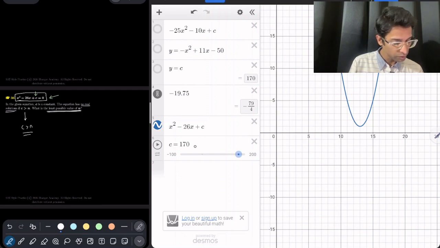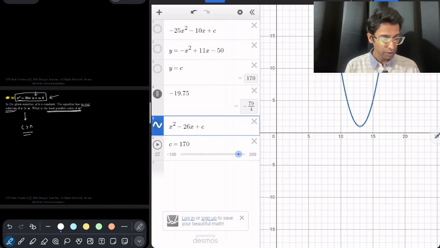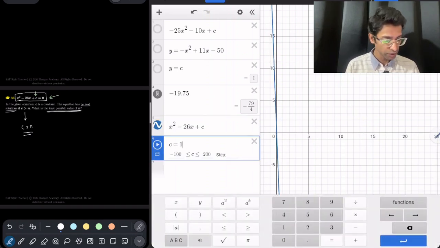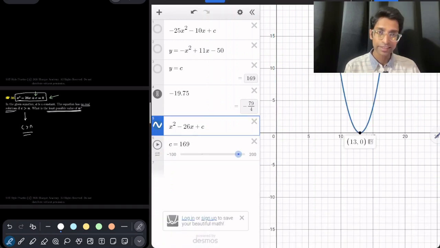So if you see here, now I want your attention here. Please pay attention. C value, if I take 170, this particular parabola is not touching the x-axis. Correct? And that is what he has asked in the question. Let's try to see if 169 is. 169, it is exactly touching the x-axis.